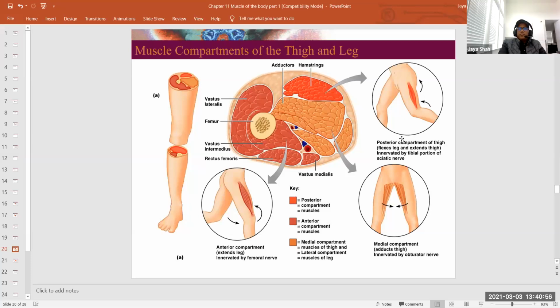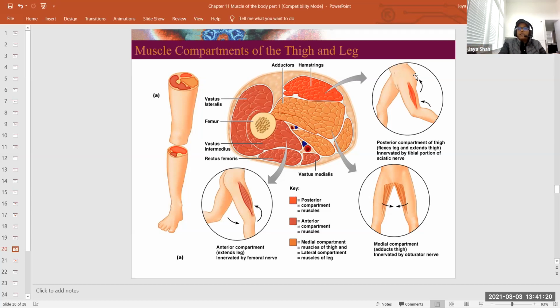So let's talk about the posterior compartment. What is the function of muscles on the posterior side of the lower limbs? Flexion. So the action of the posterior compartment of the thigh is that it flexes the leg and extends the thigh. And you do remember how you extend and flex?